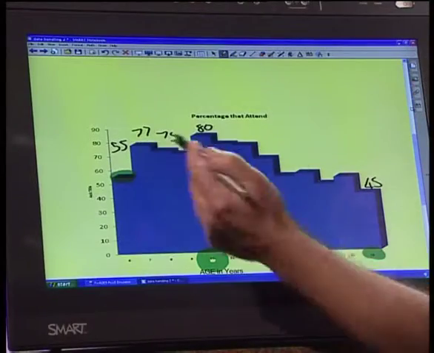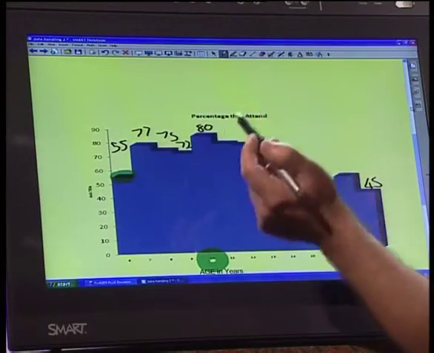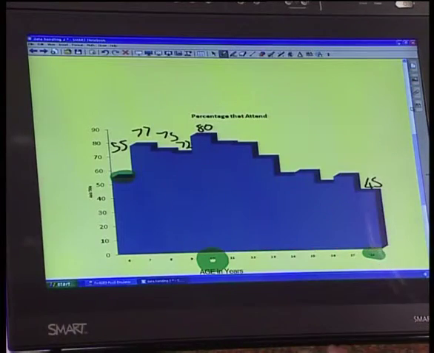Adding up all those values, for example, the 55, the 77, the 75, the 72, and the 80, would give us quite a few hundred samples. Putting all of those numbers on a page wouldn't make much sense to anybody. But the visual representation makes a lot of sense, and it makes it far easier to see how the data was spread out.